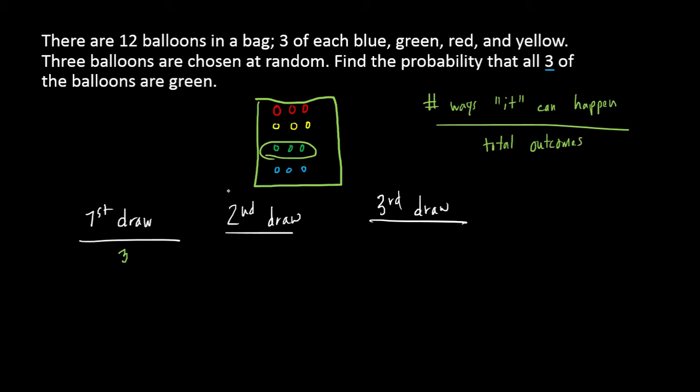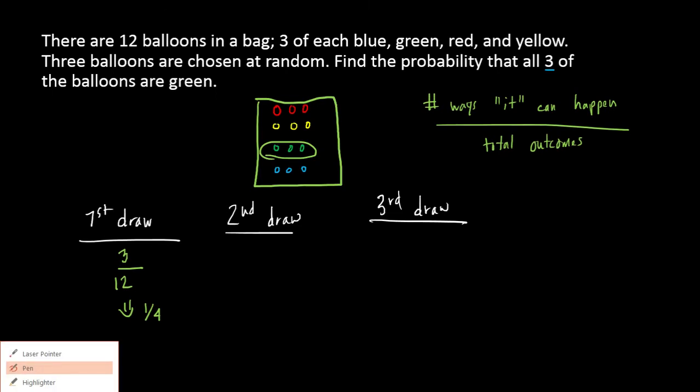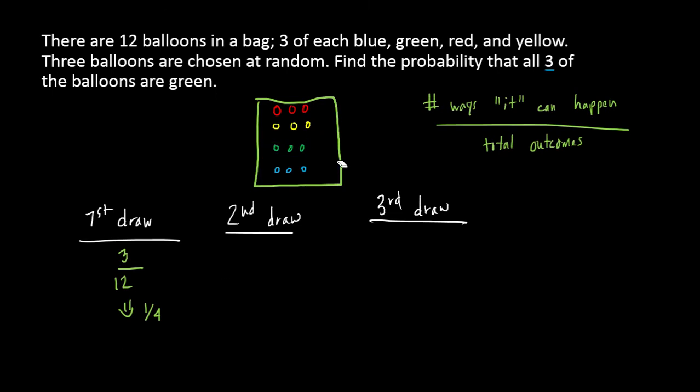So there are 3 ways I can draw green out of 12 total balloons, and we'll simplify that to 1/4. That's great. Let's look at this again. So that was our first drawing.